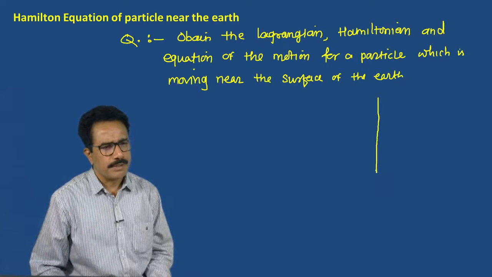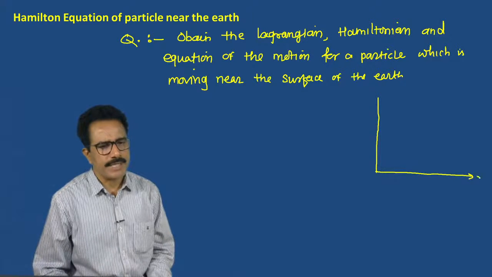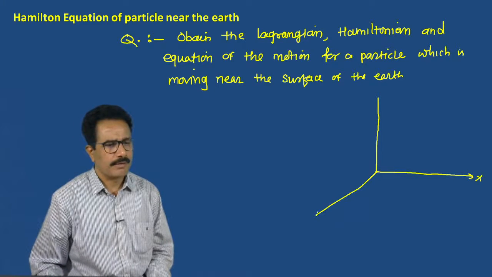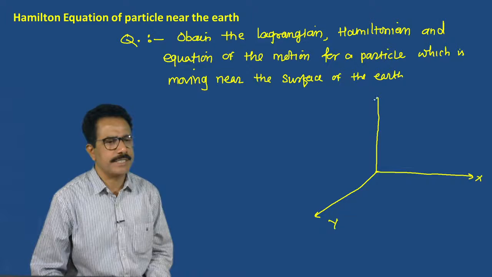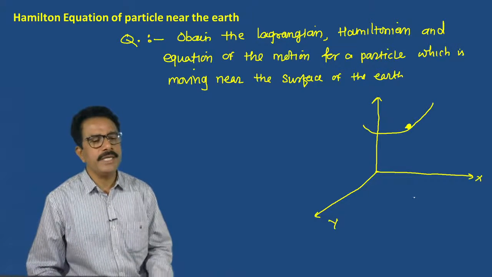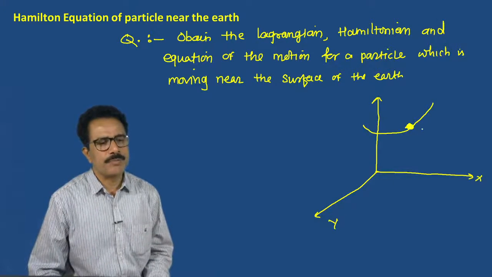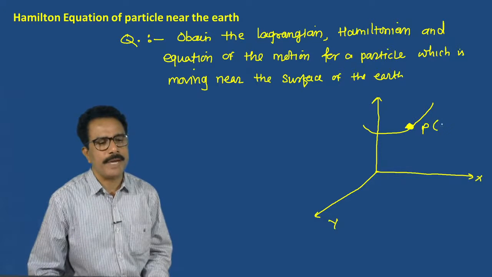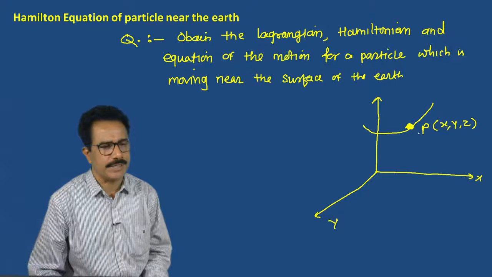Suppose this is the x-axis, this is the y-axis, this is the z-axis. Now suppose a particle is moving near the earth. Suppose P is any position of the particle which is denoted by the coordinates x, y, z.